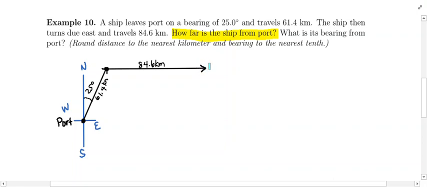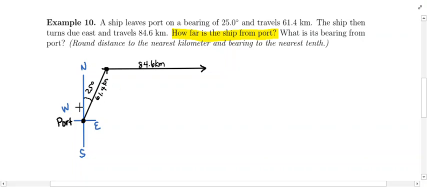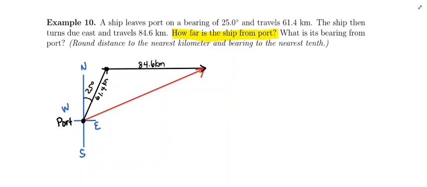So currently this is where the ship is. To figure out how far the ship is from port, the closest measurement is going to be straight from the port to this point. So we're trying to figure out this red distance, or the magnitude of this red vector.